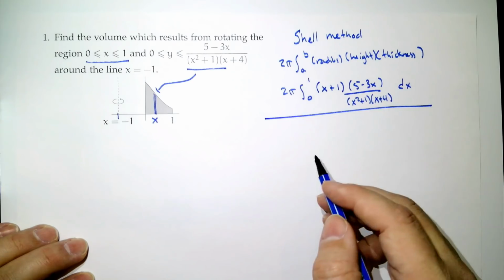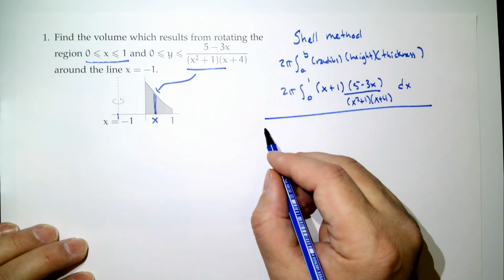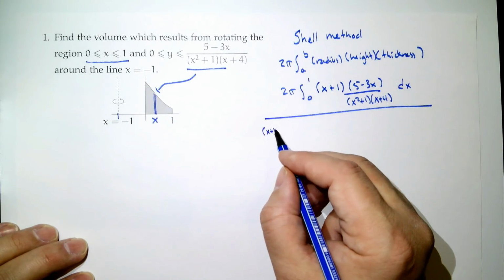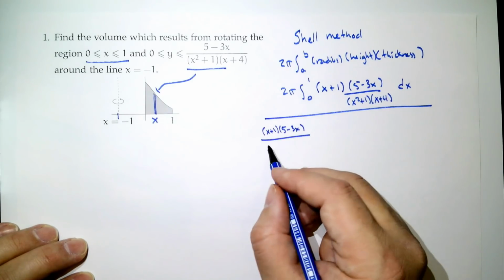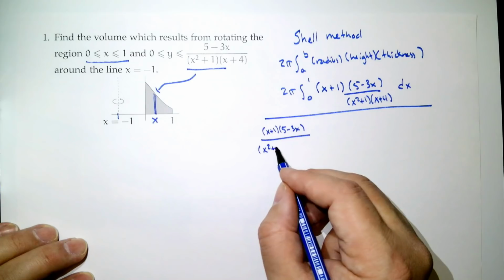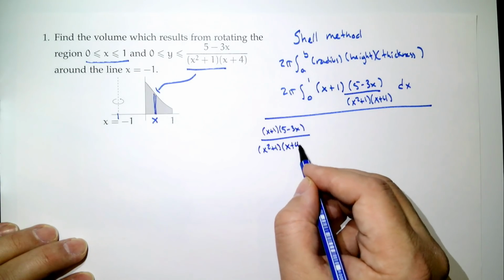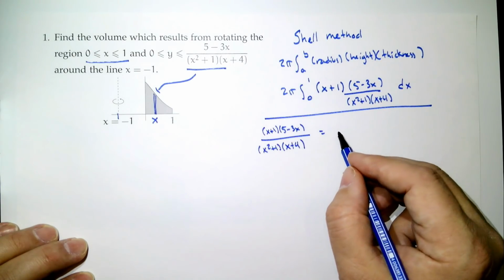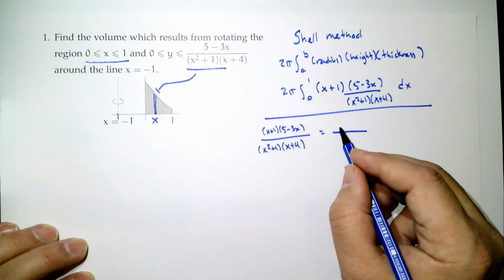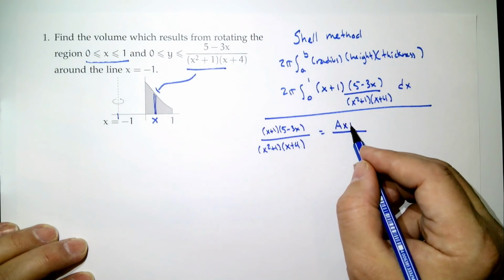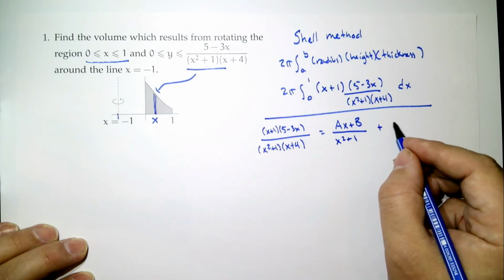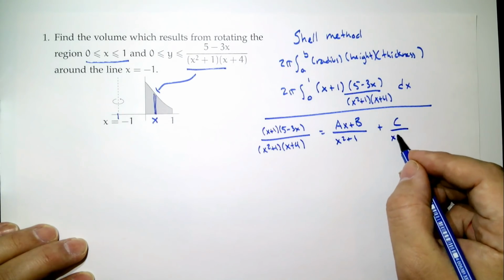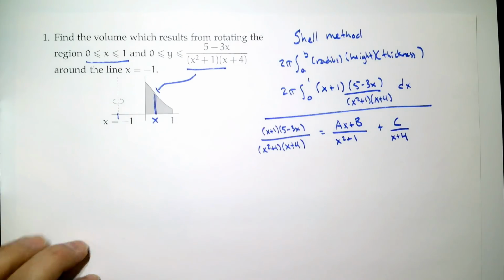So we're going to do a little bit of side work here. I have (x + 1)(5 − 3x) over (x² + 1)(x + 4). I could expand this if I want, but right now I'll just leave it as is. It is equal to (ax + b)/(x² + 1) + c/(x + 4).